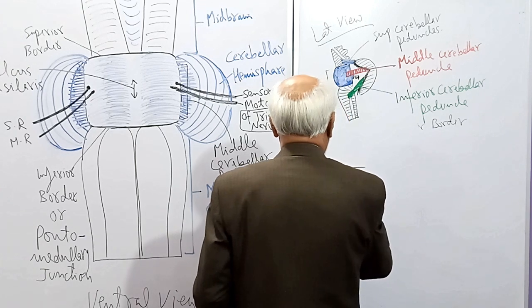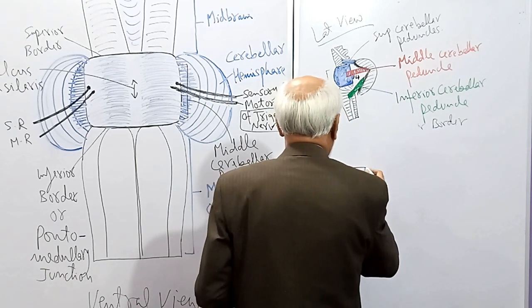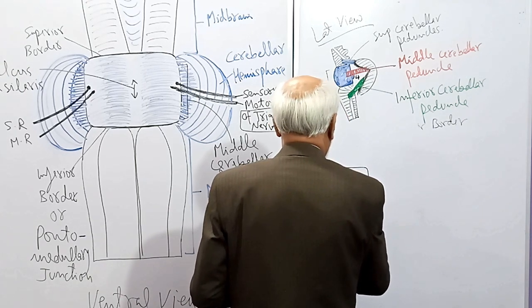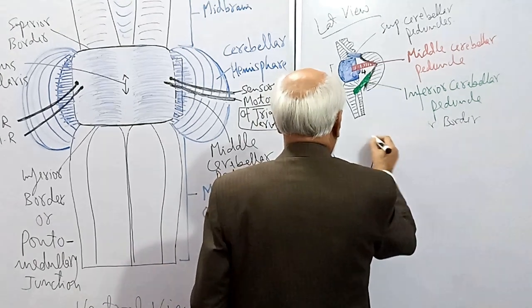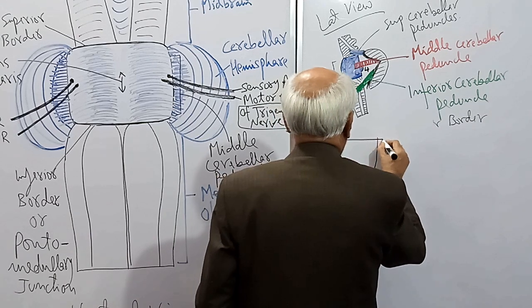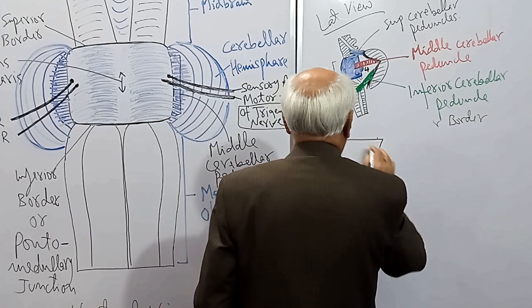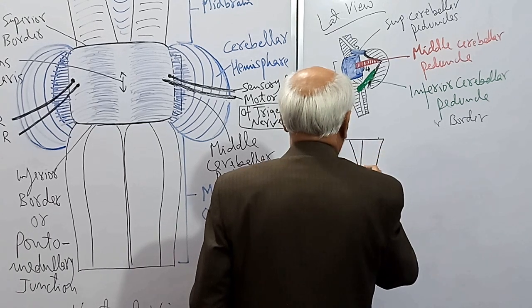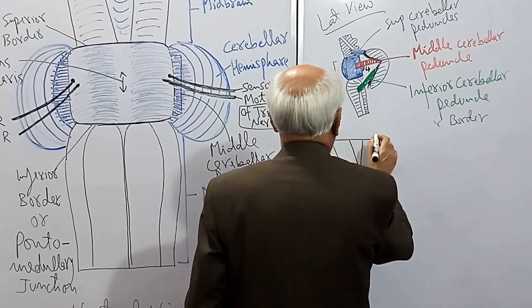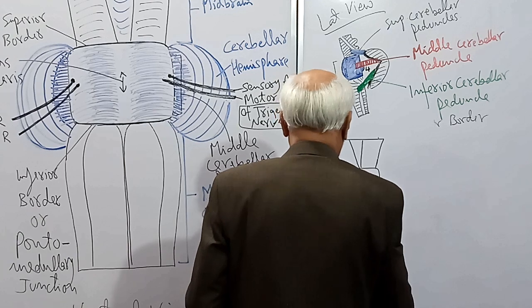This is the ventral surface of the pons. Above it is the midbrain. Below is the medulla oblongata.